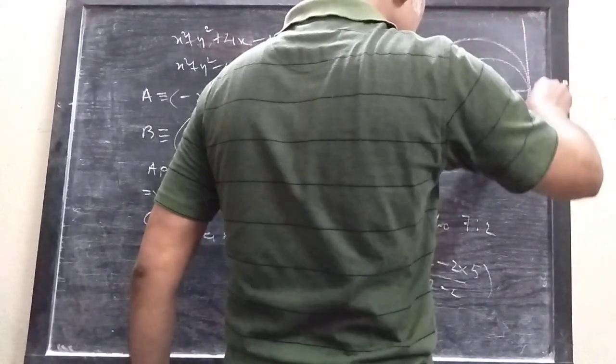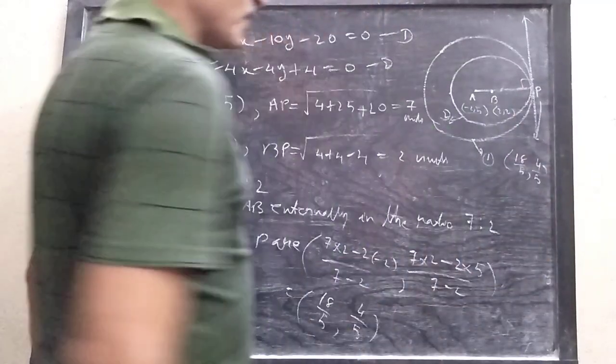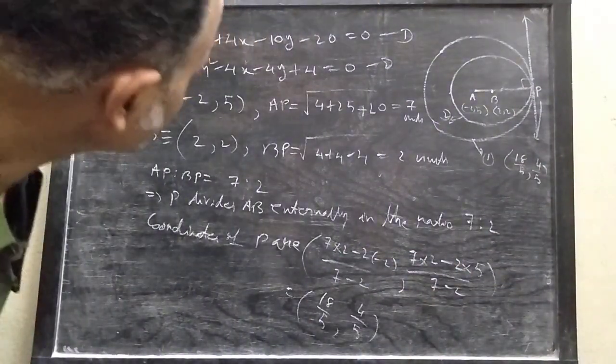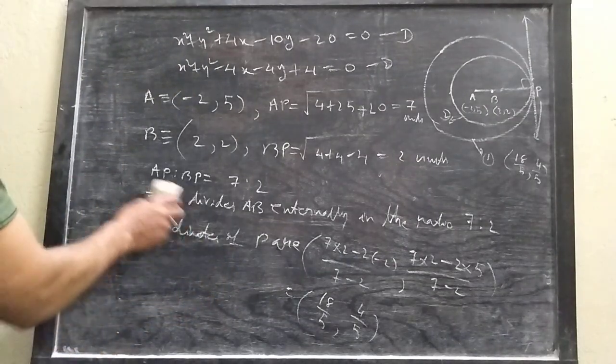Now if we consider this as the tangent at the point P, this tangent will be perpendicular to AP. Now first find the slope of AB. I am erasing this part.